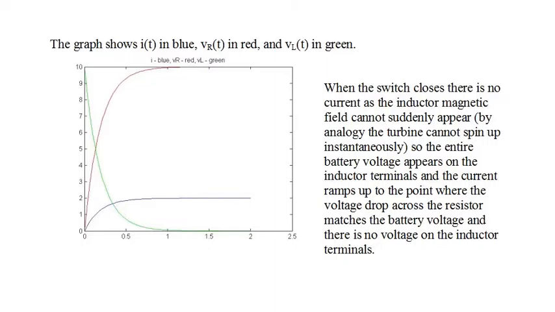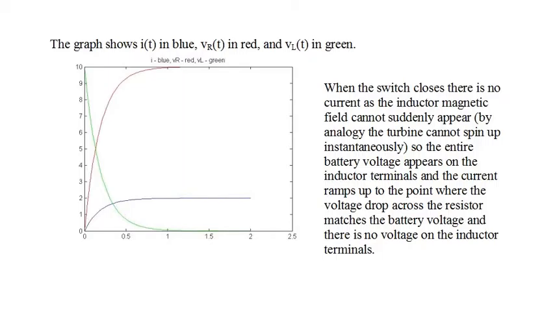What happens when the switch closes? The inductor current is graphed in blue, and it starts at 0 and ramps up to 2 amps. The inductor voltage is graphed in green, and at t equals 0, the inductor sees the full battery voltage of 10 volts, and that decreases as increasing current creates a voltage drop in the resistor.